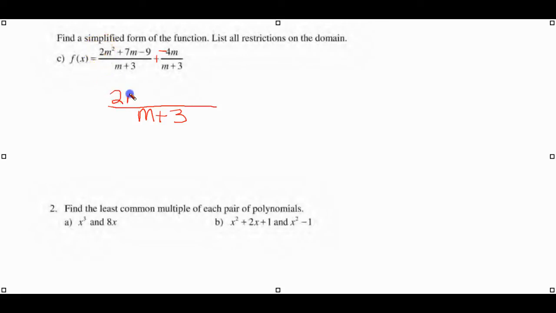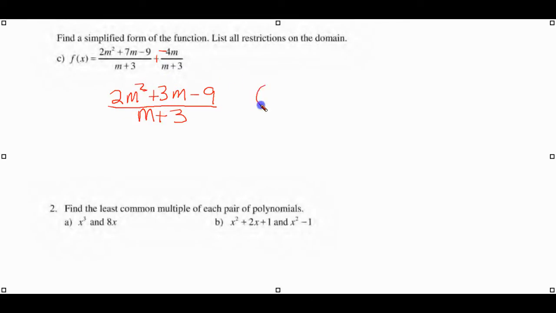We have 2m squared. Now we have a positive 7m and a negative 4m gives me a positive 3m and then minus 9. Now here we're looking to see if we can factor something.